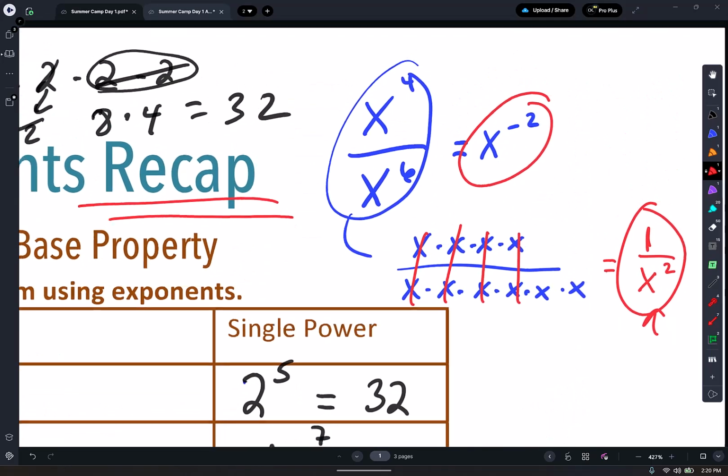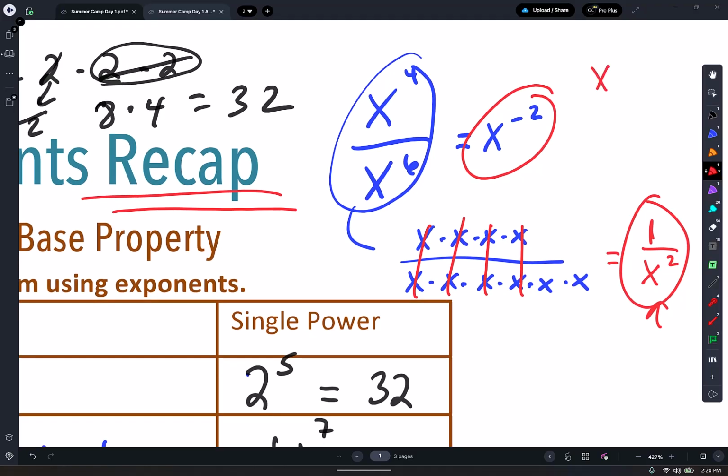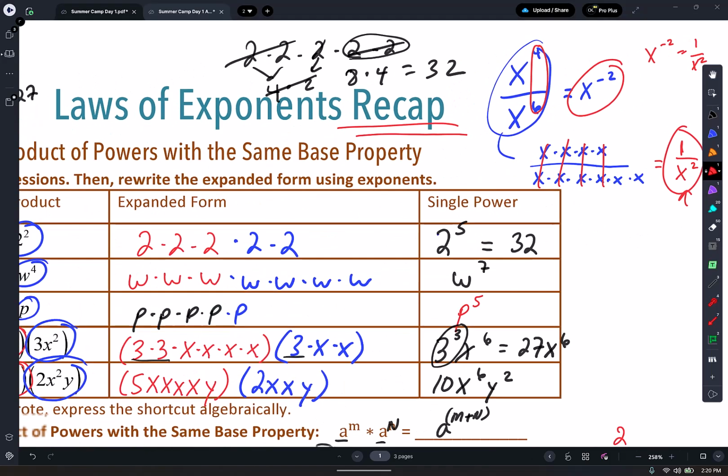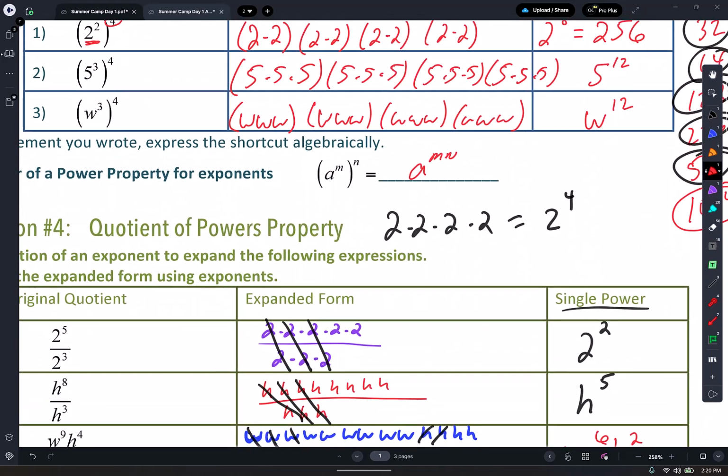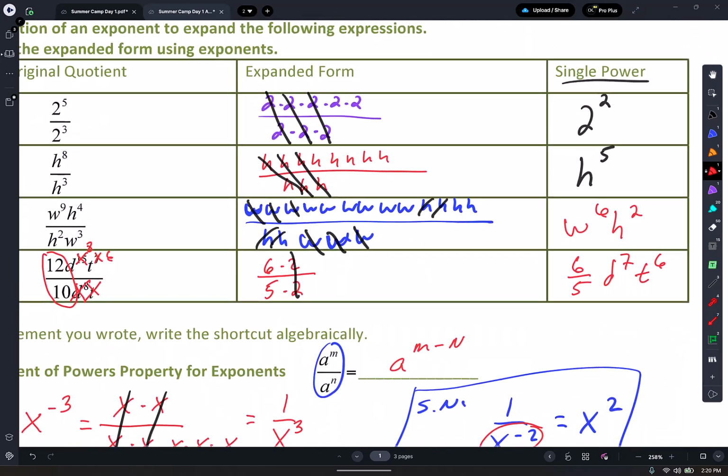See, that X to negative 2 means 1 over X squared, which is what I was trying to do here. See, there's 4 there. 4 minus 6 is X to negative 2. Is this making sense to you guys or not? I want to make sure, because if it doesn't make sense, okay. So we're good. You're not just telling me that just so we can move on. Are we good? For sure.